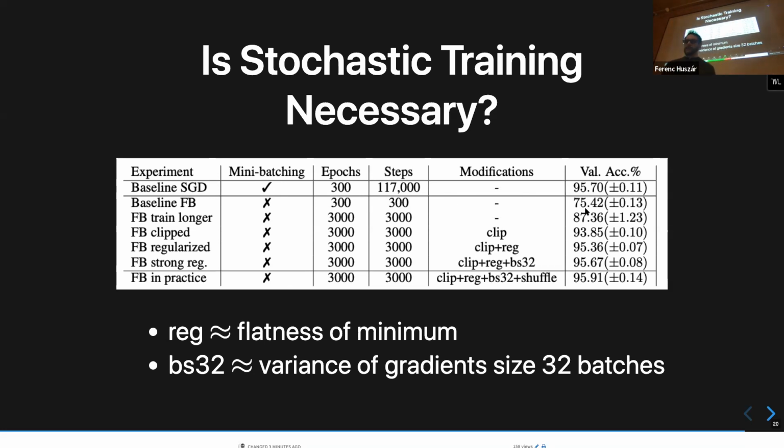That performs terribly, 75%, which is not bad, but it's nowhere near what you should get. The first thing they try is full batch but training longer, because for each epoch you only do one gradient step. So if you do 10 times as many steps, 3,000 epochs, then it starts to become better, 87%.